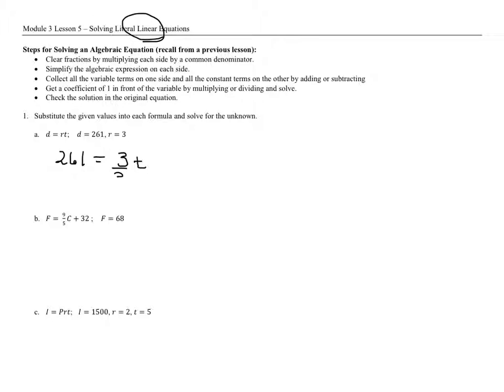I'm just going to divide both sides by 3. So t will be equal to 87. Let's check that: 87 times 3. Yep, that does check, so we're all set.